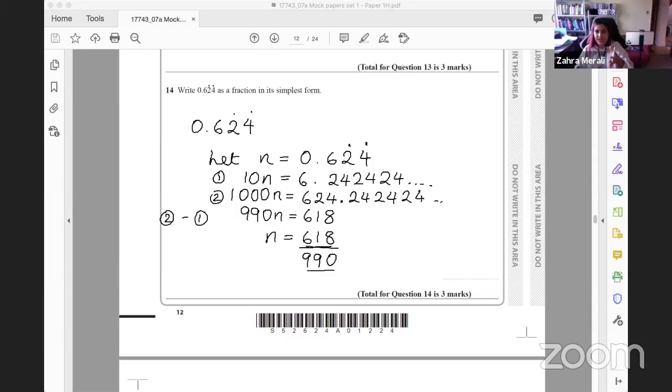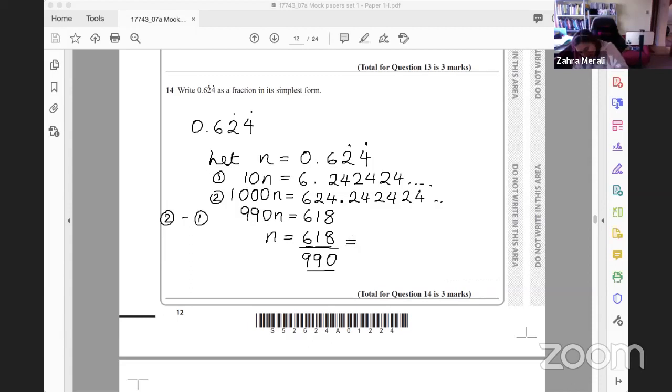So 6 plus 1 plus 8 is 15, which divides by 3, which tells you 618 divides by 3. 9 plus 9 gives you 18, which divides by 3. So you know that 990 divides by 3.